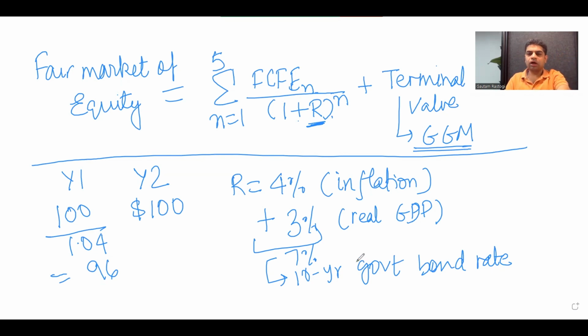Now, there is one thing more. An investor would say, why would I invest in any business when I could just invest in the government bond and make 7%, 7.2%? Why would they invest in a business? Because a business has its own risks.